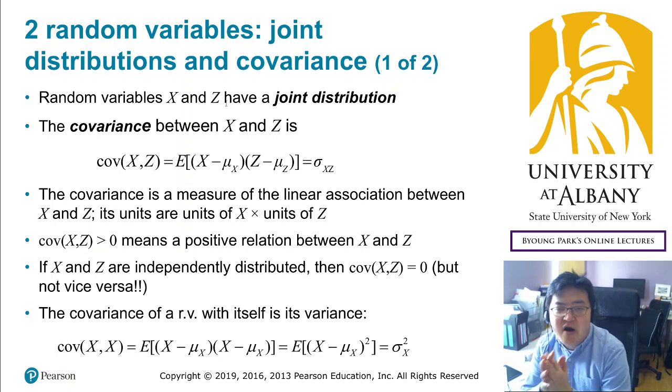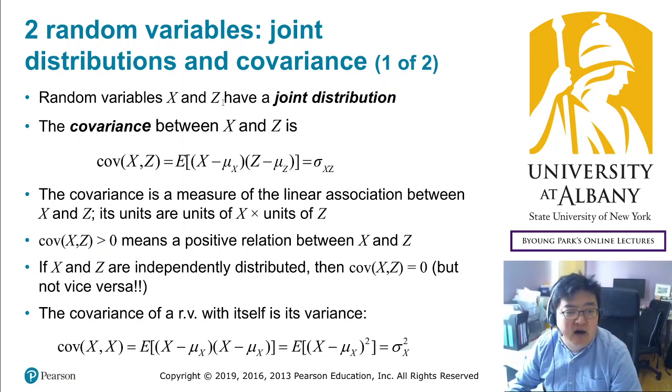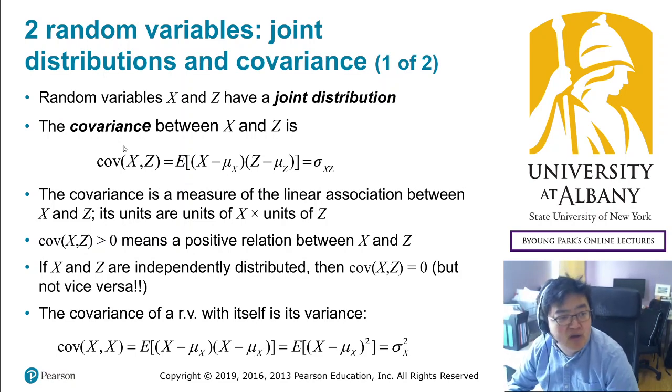When a probability describes two random variables at the same time, then we say that is a joint distribution, the joint distribution of x and z, for example. A joint distribution is a probability distribution, and covariance is a numerical measure. Covariance is one number.